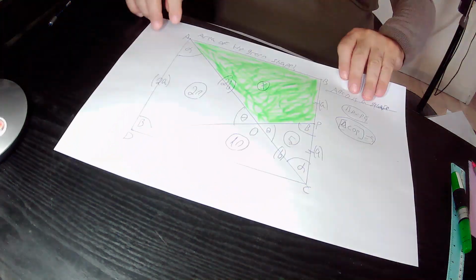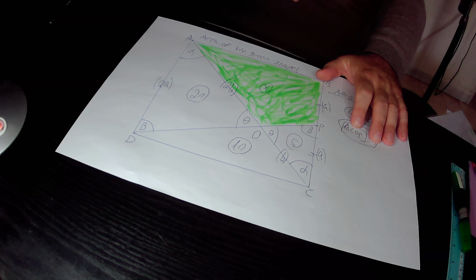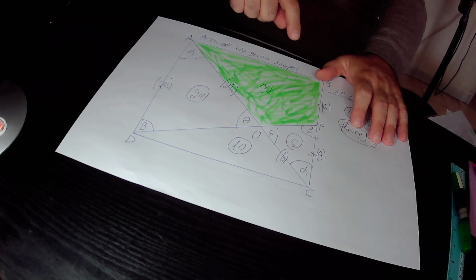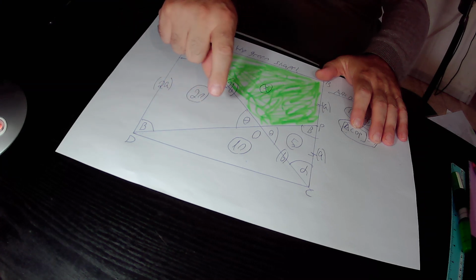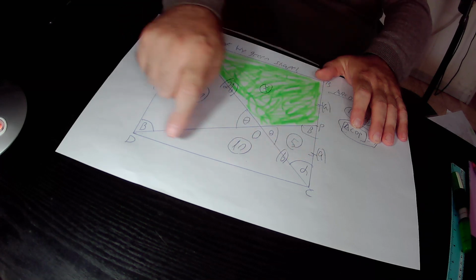Why? Because in our drawing, this is the big triangle ADC. This is line segment OD that divides the big triangle ADC into two smaller triangles, triangle AOD and triangle OCD.